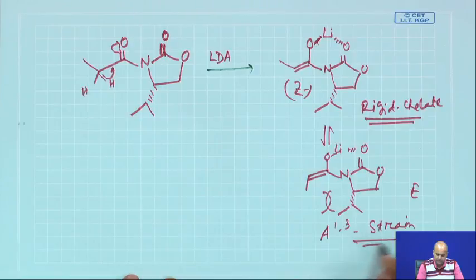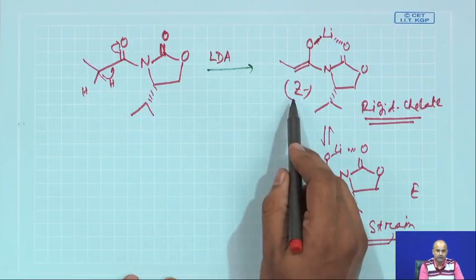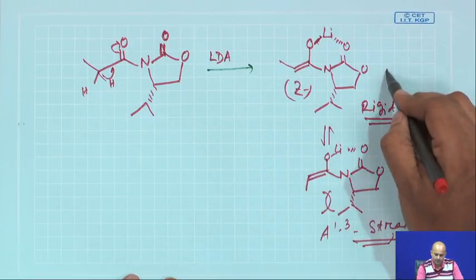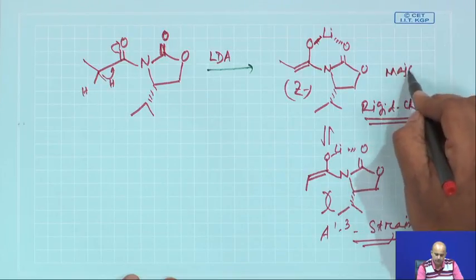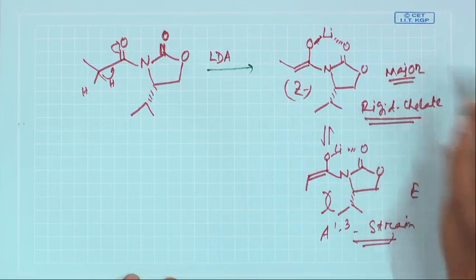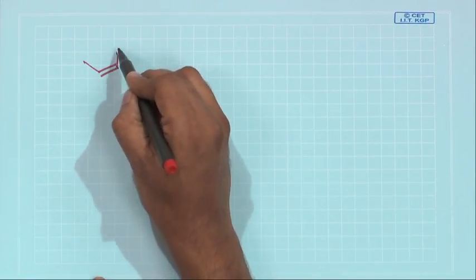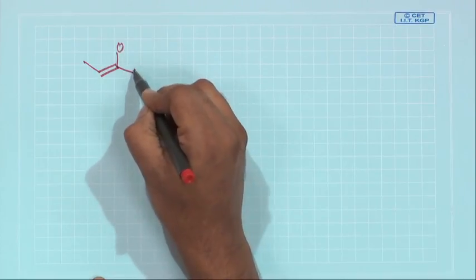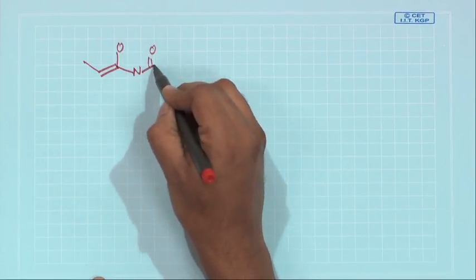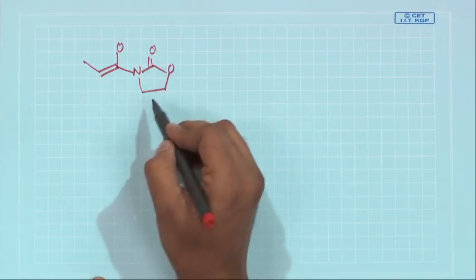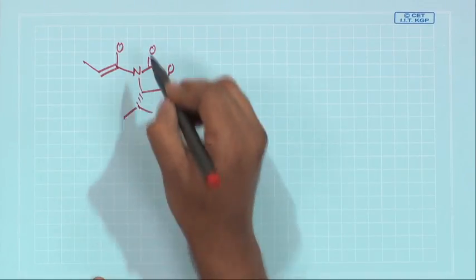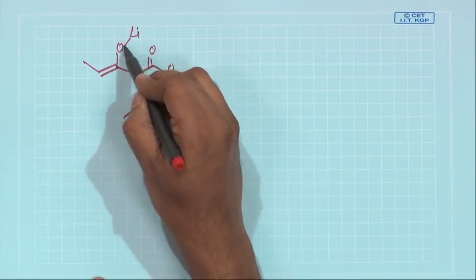So, allylic 1,3 strain basically makes your Z enolate more predominant or major enolate. Now, you have this Z enolate in this reaction mixture, N C double bond to O, lithium.